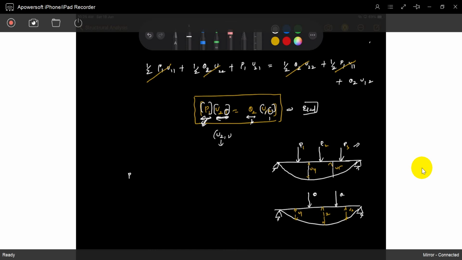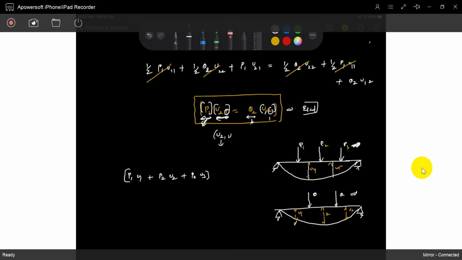So U21 is the deformation in the same direction, but caused by the second system of forces. What it means is P1 U1, P2 U2, P3 U3. There is the first system of P forces, but the deformation is by the second system of forces.